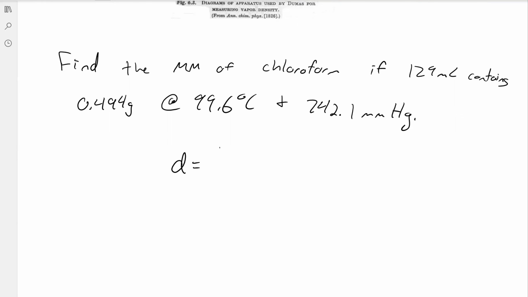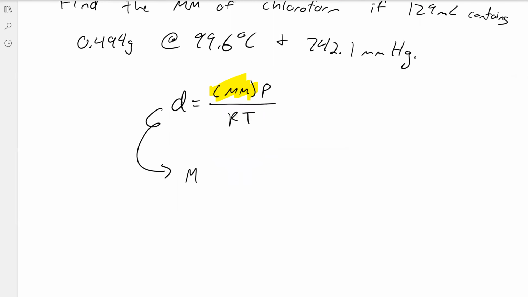We have density equal to molar mass times P over RT. In this case, we're asked to solve for molar mass, so we want to reorganize the equation to get molar mass isolated by itself. When you do that, you'll get density times RT over P. Now, what did we say density was?